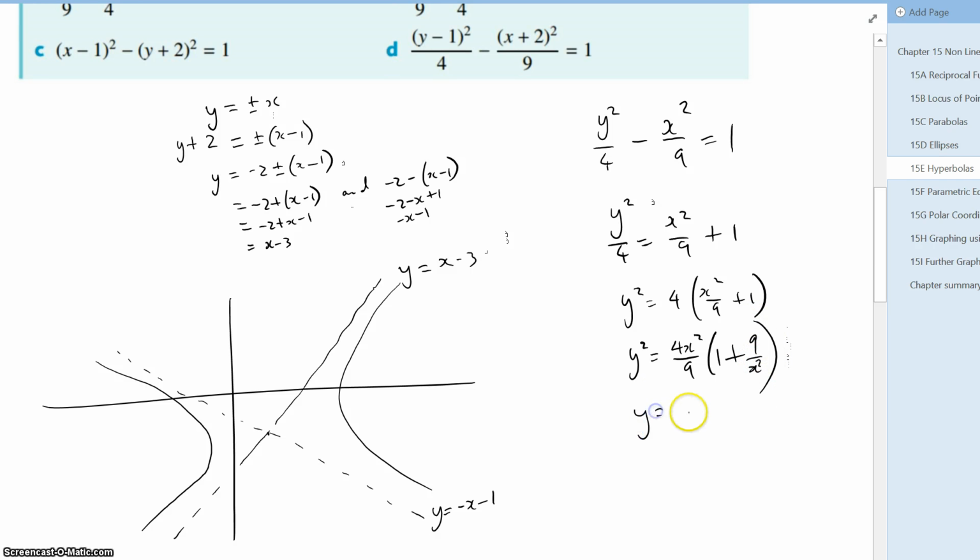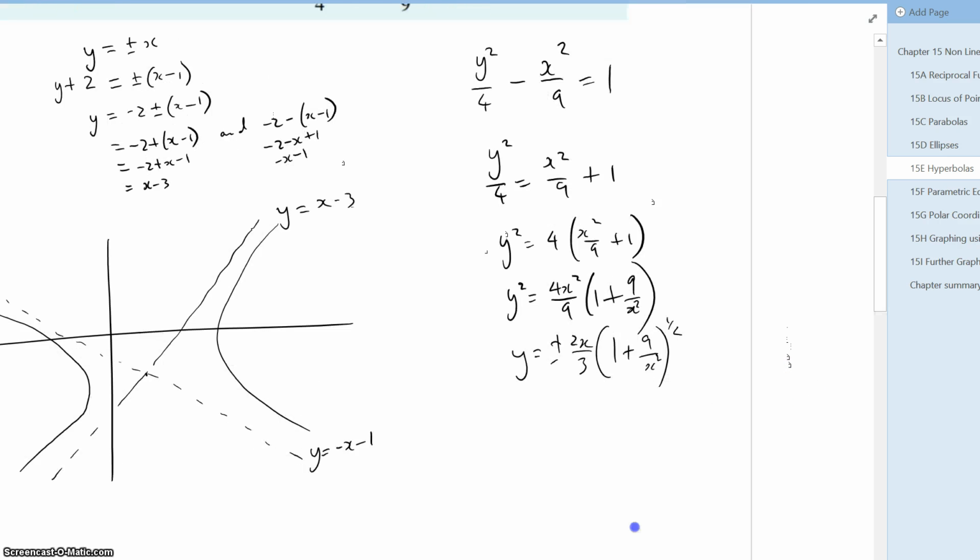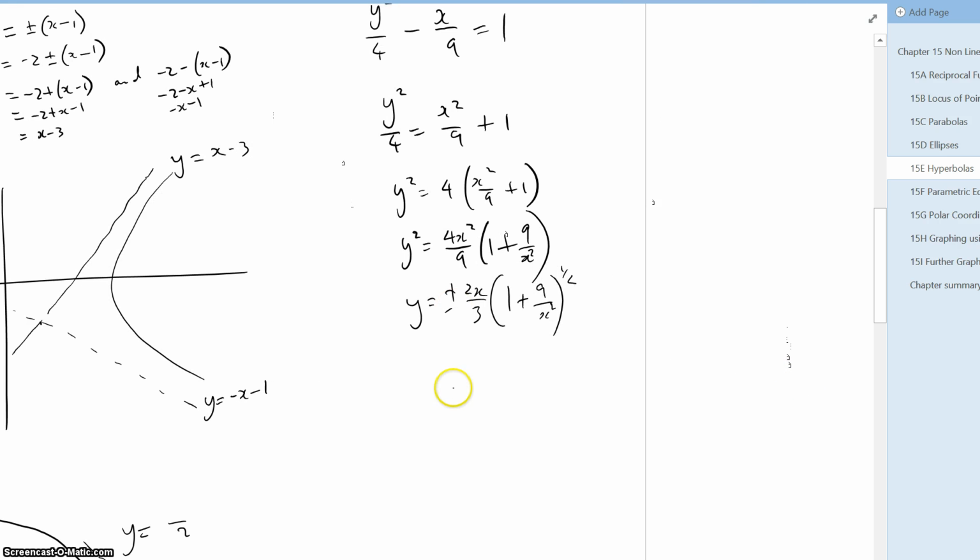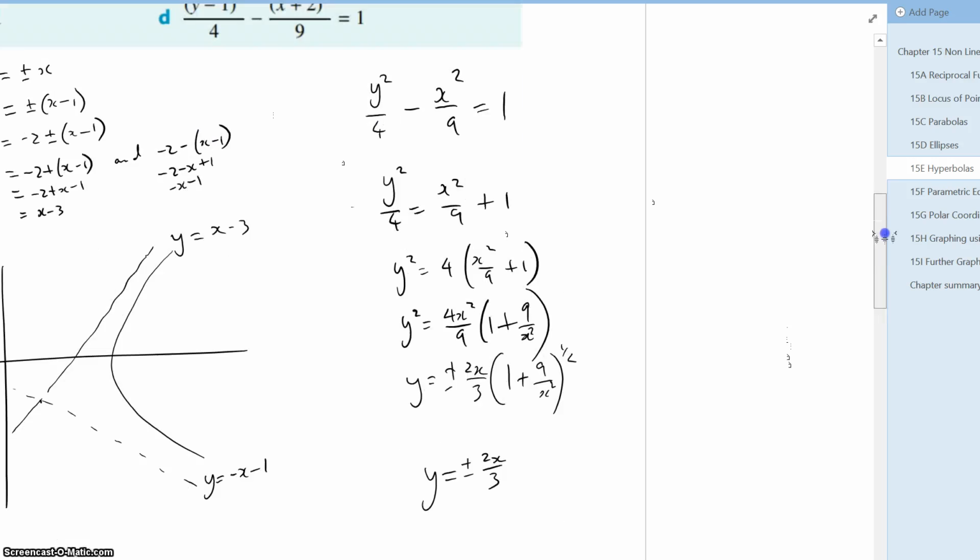So y equals plus or minus 2x over 3 times 1 plus 9 on x squared all to the half, or the square root, either way. Now I can see that my asymptotes are going to be y equals positive and negative 2x over 3. Now I'm going to translate them like the other graphs.